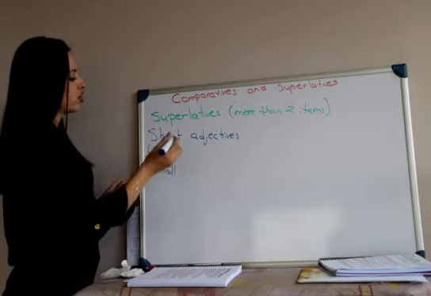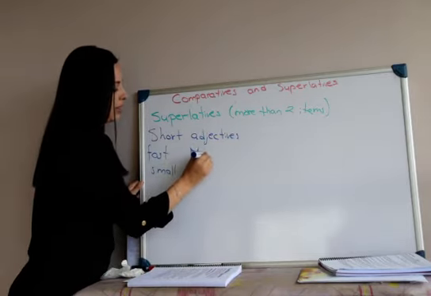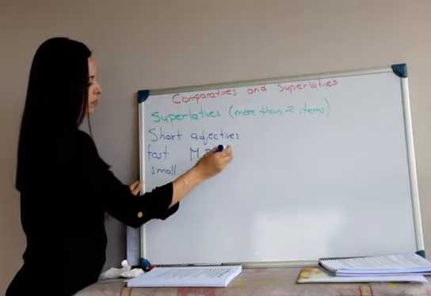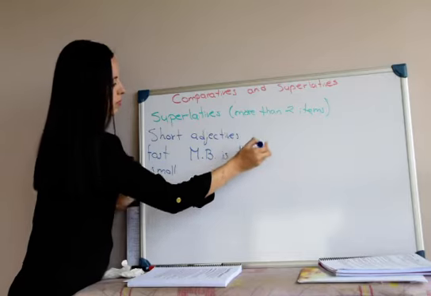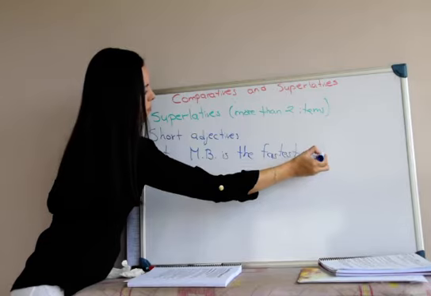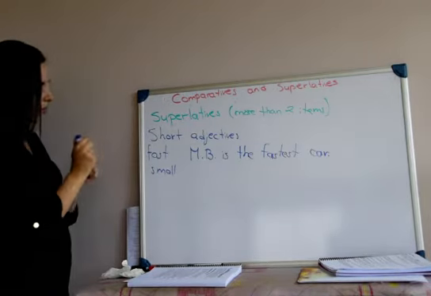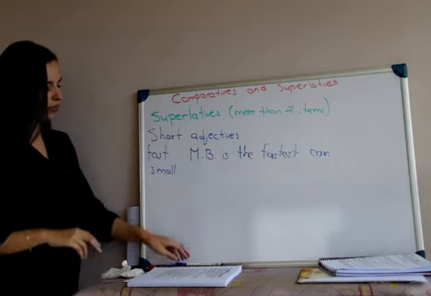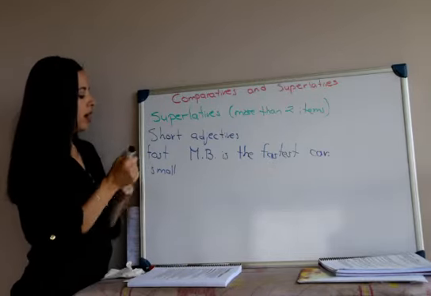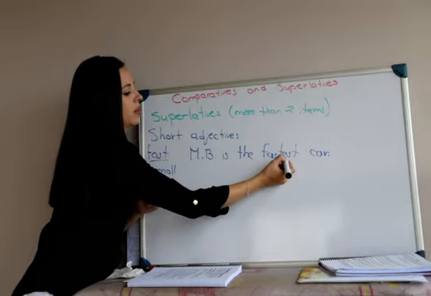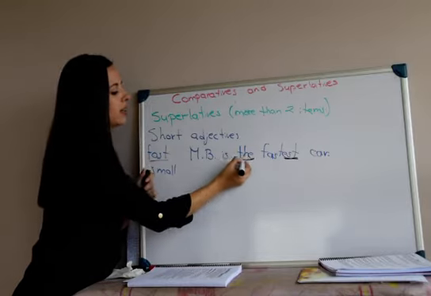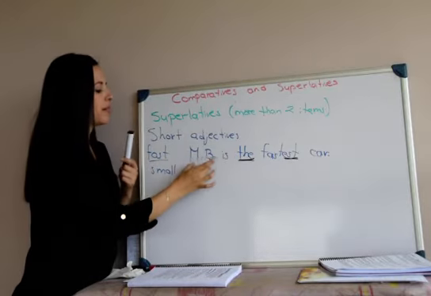So I'm going to say Mercedes-Benz is the fastest car. So what's the superlative here? I have the adjective fast, but in this case I use the and est. So Mercedes-Benz is the subject.